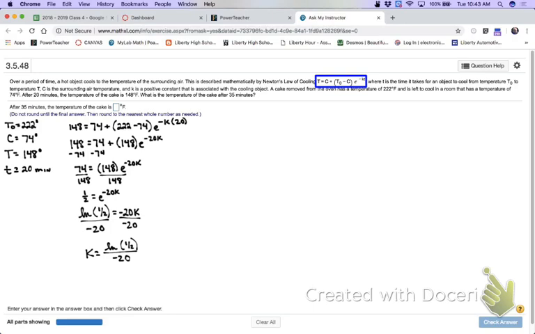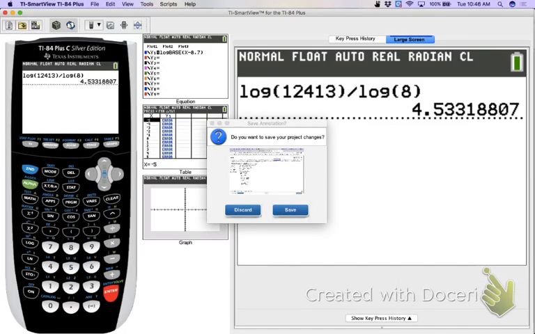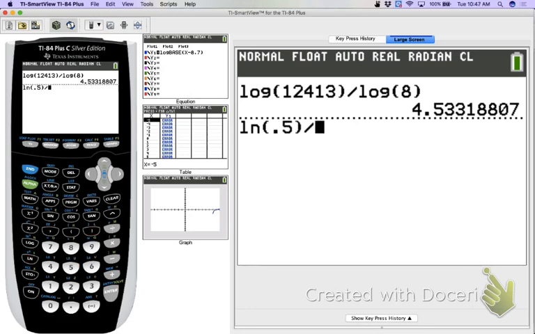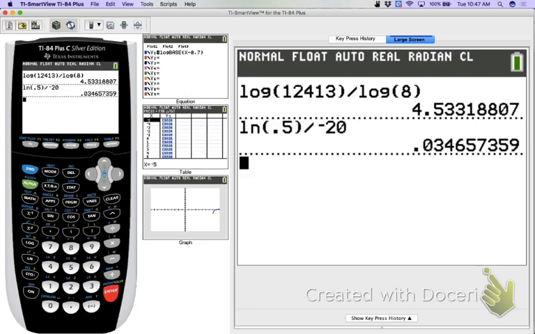So what I'm going to do here is go to my calculator. If you need it, pause it. I'm going to take the natural log of 0.5 because it's 1/2, divided by negative 20, and I'm going to get a k value of 0.034657.